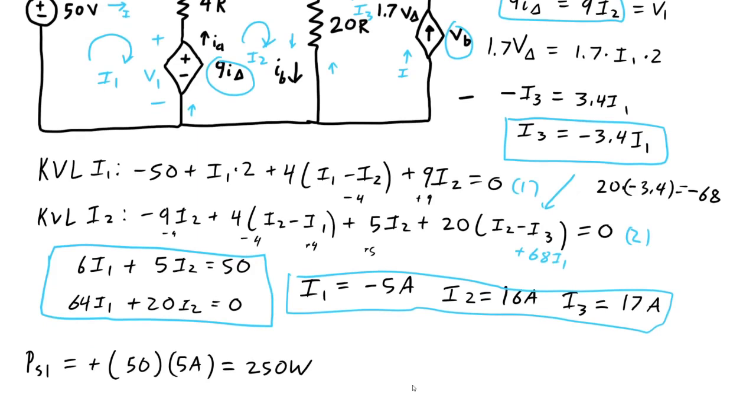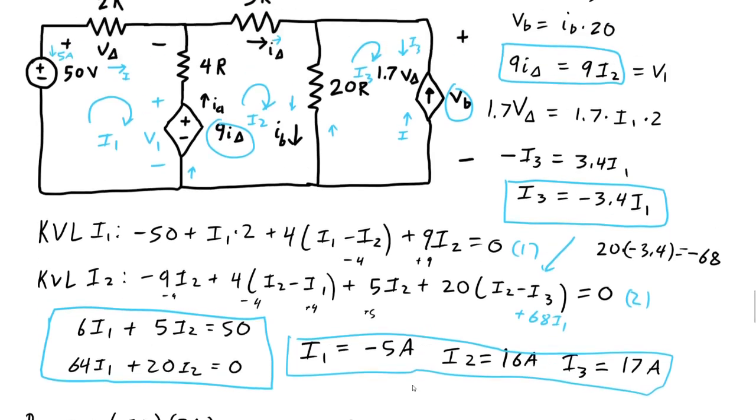Okay, so let's think about it. PS2 is going to be V, and V is 9 I delta times IA. That's the expression we came up with earlier.